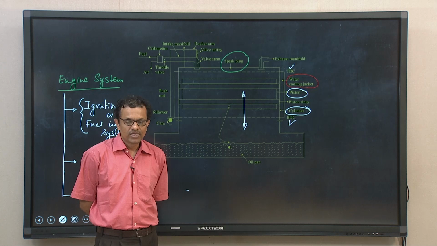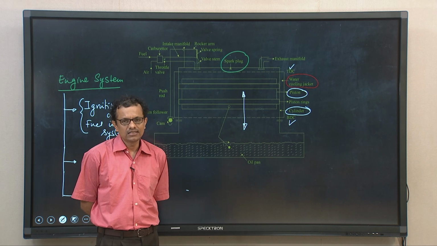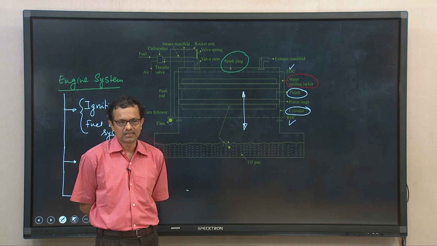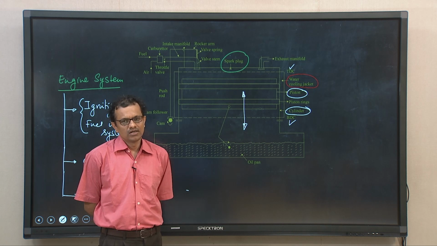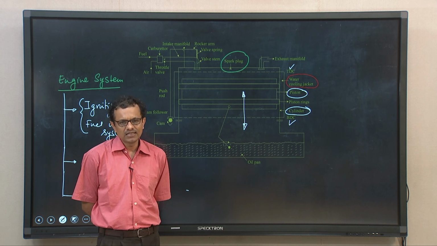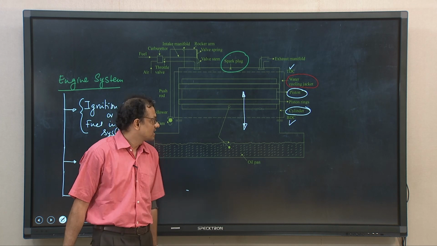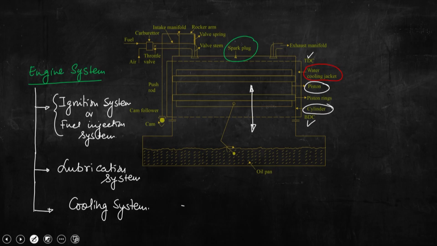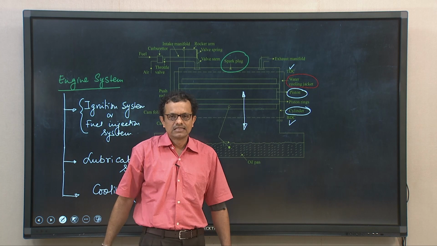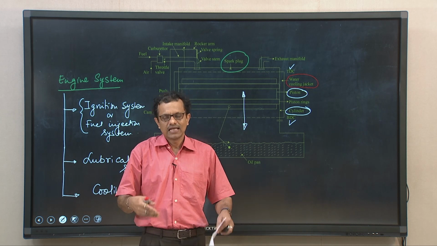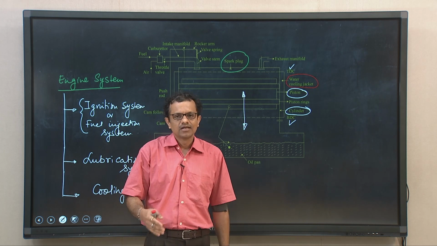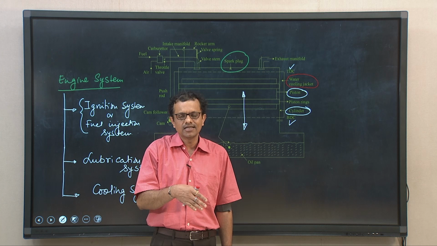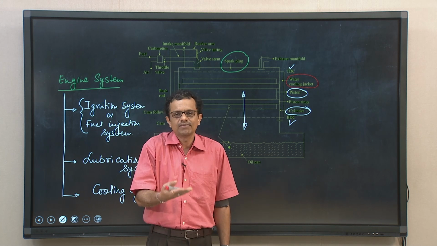Whether the engine is an SI engine or a CI engine, we need to have some sort of combustion. Depending on the type of engine, combustion will be different, and because of this combustion there will be a huge generation of energy in the form of heat, because the reaction inside is an exothermic reaction.